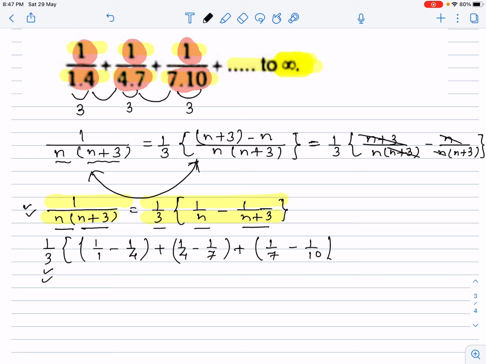I'll make the sum. So when I go up to infinity, I can observe one definite pattern over here: 1 is there, then 4, then 4, then 7, then 7, then 10, meaning numbers are continuously increasing.